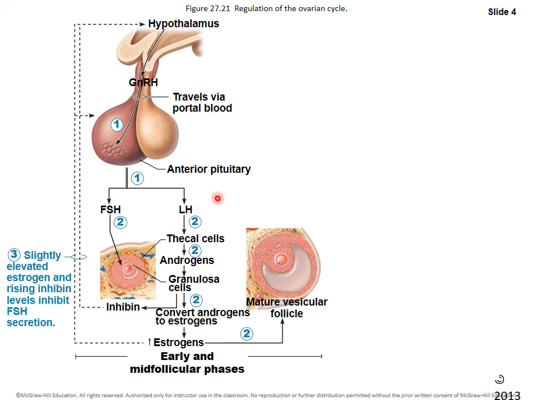As the secondary follicle develops into a tertiary follicle and eventually into a mature follicle over the course of the 28-day cycle, which of course is near the end of the 290-day path for this particular follicle, it secretes more and more estrogen, again in a positive feedback loop.